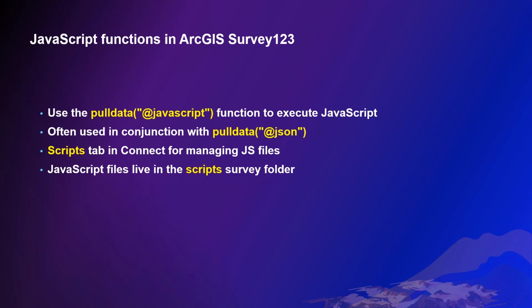As I said before in one of the examples, very often, right after calling your JavaScript function, you get back a JSON object. This is particularly true when you are invoking web services. Then you can get that output and use pulldata JSON to parse the JSON response. And you will do that in XLSForm, right? Anyways, you use pulldata JavaScript to call the function.